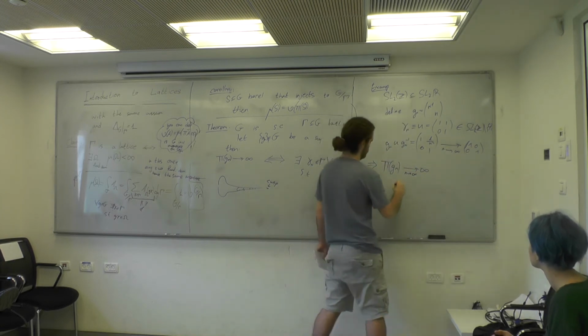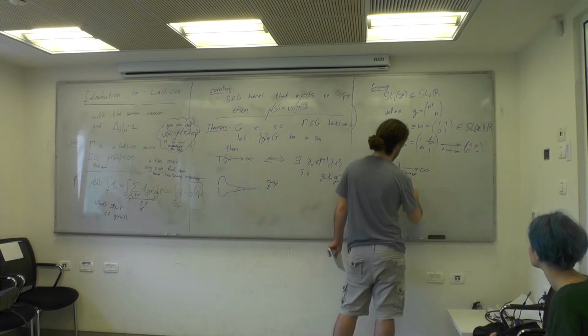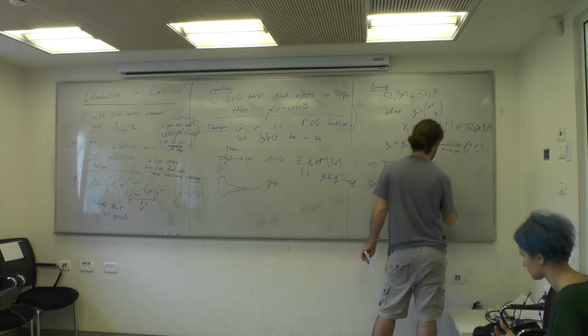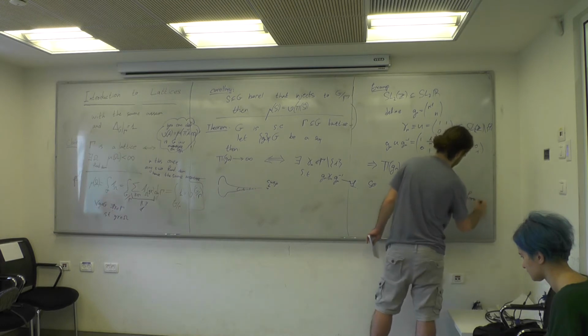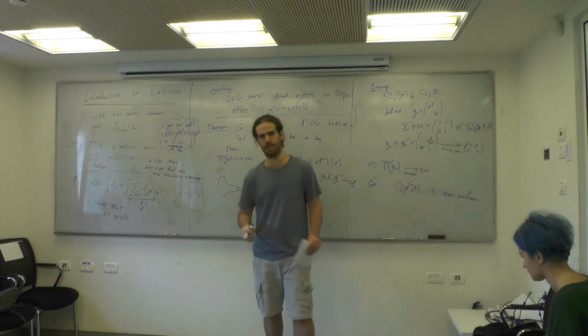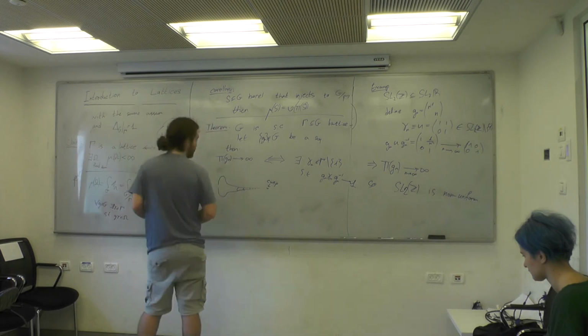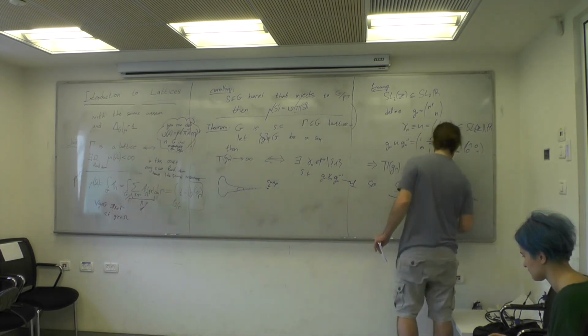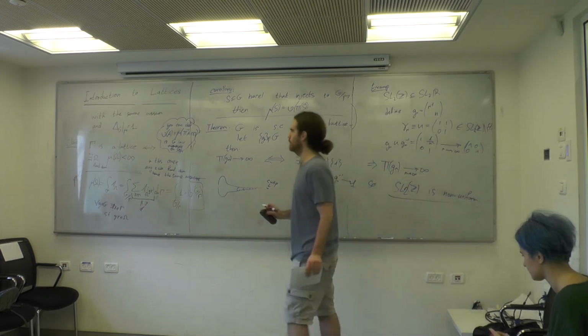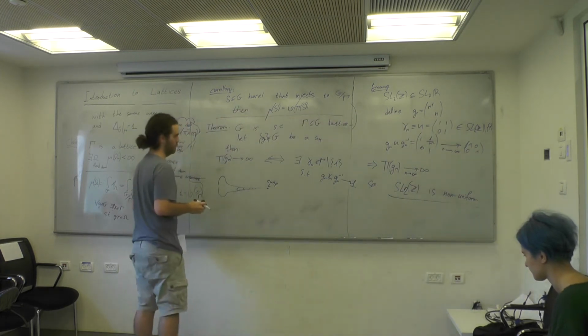So SL2Z is non-uniform in SL2R. And it seems actually that this example is fundamental in a way, and I'll say what I mean by it.